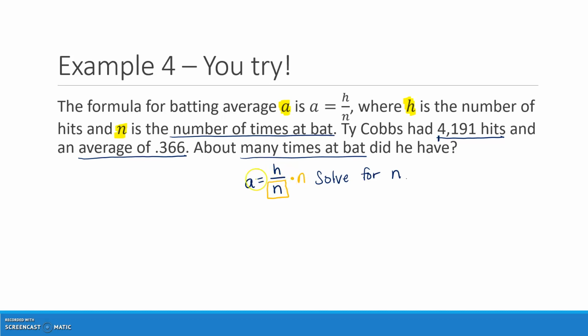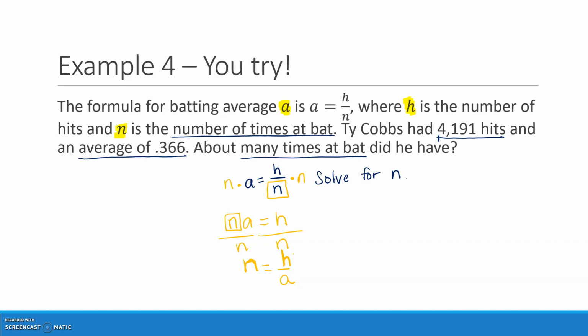We're going to multiply both sides by N, and we get NA equals H. It doesn't matter if you put NA or AN. Then we're still trying to solve for N, so I'm going to divide both sides by A. And we would get N equals H over A.